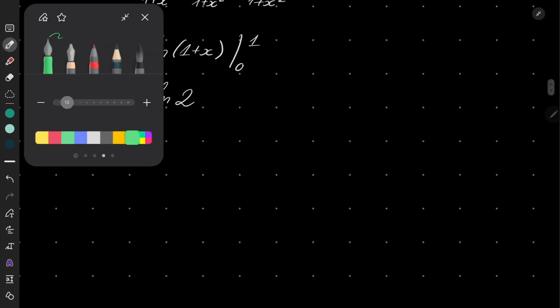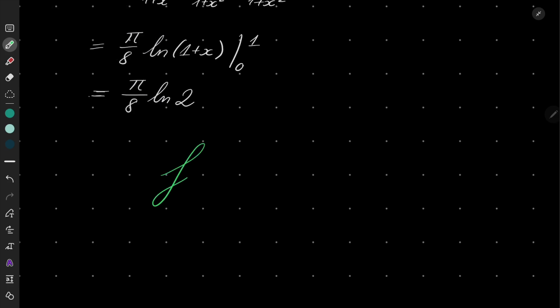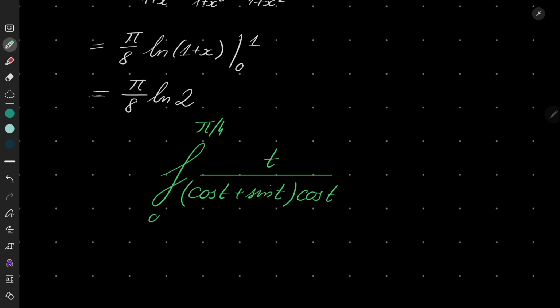And that is our answer, our integral going from 0 to pi over 4 of t cosine t over (sine t plus cosine t) dt.